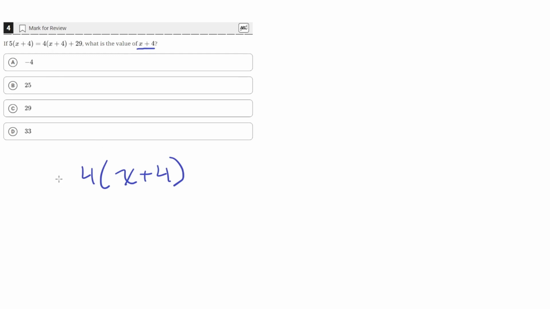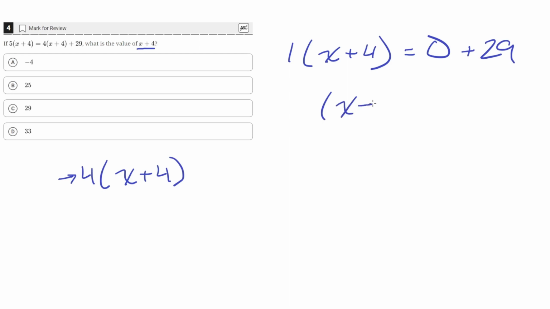So if we subtract this from both sides of the equation, on the left hand side we'll just be left with 1 times x plus 4, and on the right hand side 4 times x plus 4 minus 4 times x plus 4 is just 0, and we'll just be left with the 29. So this tells us that x plus 4 just equals 29, which is answer choice C.